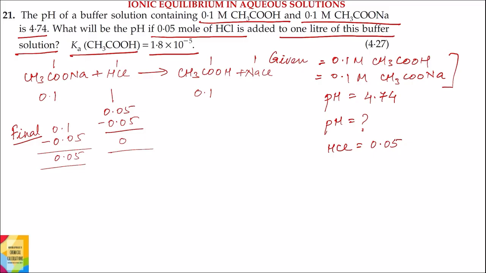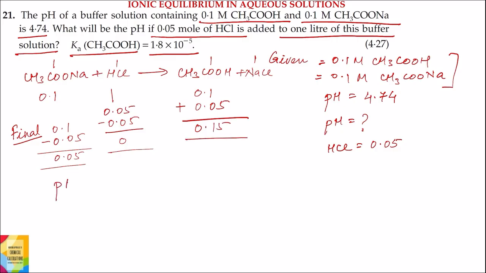And acetic acid, initially it is 0.1 mole per liter. Now since 0.05 moles is formed when HCl reacts with sodium acetate, 0.05 moles of acetic acid is formed. So the final concentration of acetic acid will be 0.1 plus 0.05. This is equal to 0.15 moles per liter.